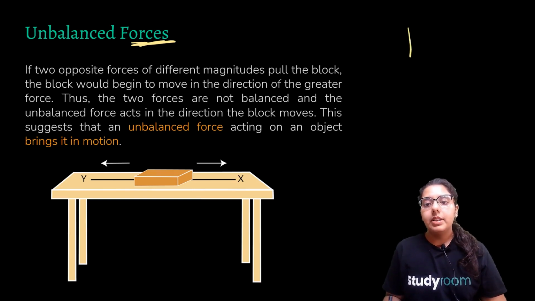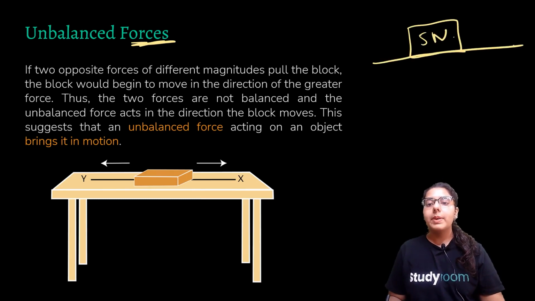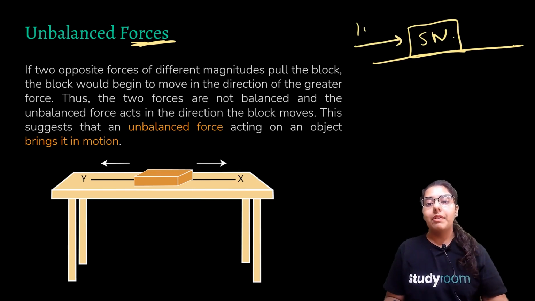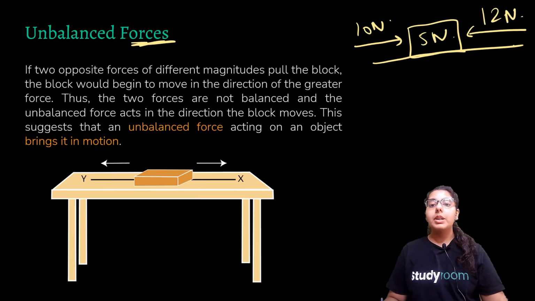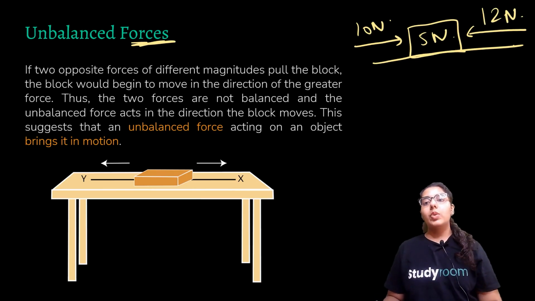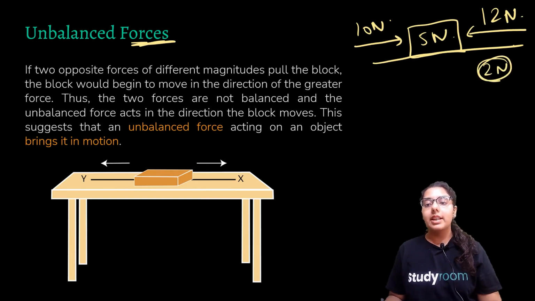For example, you have this block, let's say 5 Newton block. Okay. And you are pushing it in the right direction with a force of, let's say, 10 Newton. And your friend is pushing the same block with the force of 12 Newton. Now what will happen? Since you can see that the force which is applied by your friend is 2 Newton greater than yours, right?